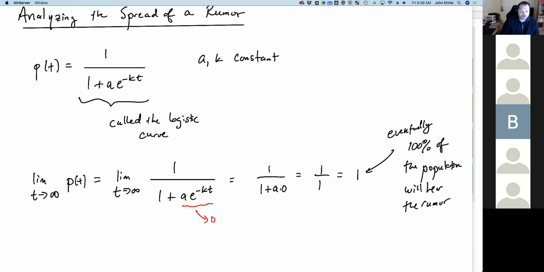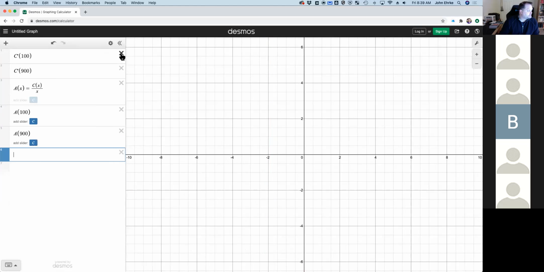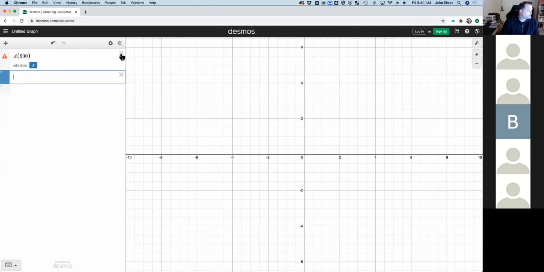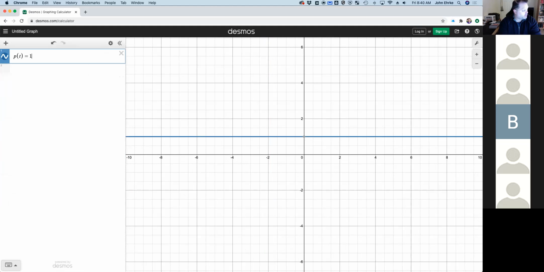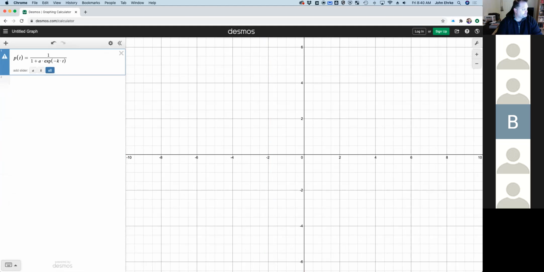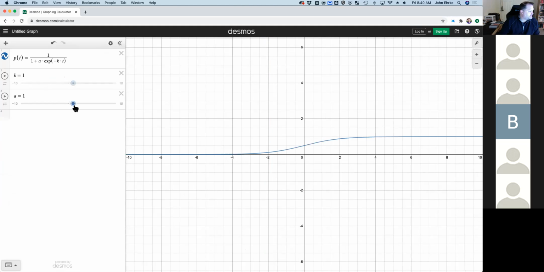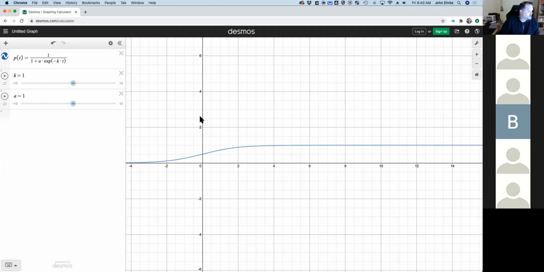Let me show it to you in Desmos. So our function here is p of t equals 1/(1 + a times e to the minus kt). And I'll put in some sliders for a and k so that we can see those values.